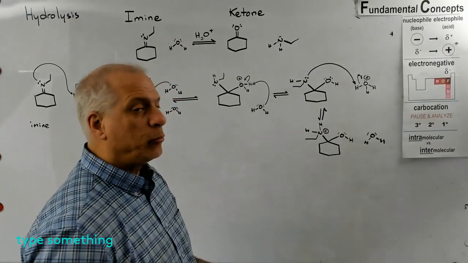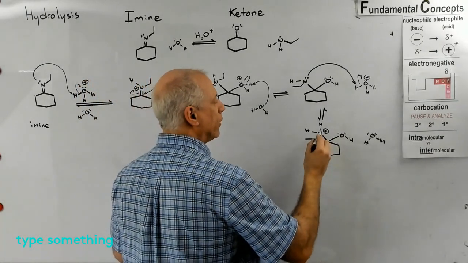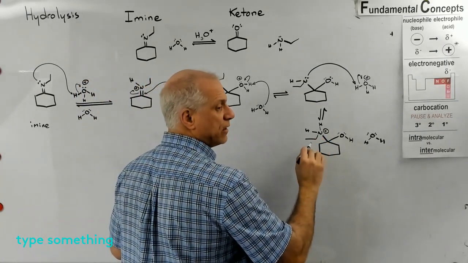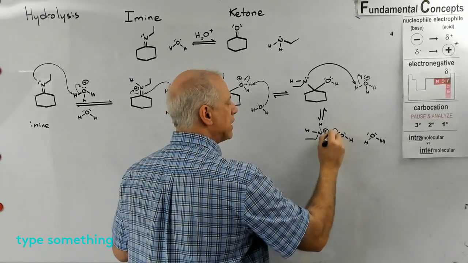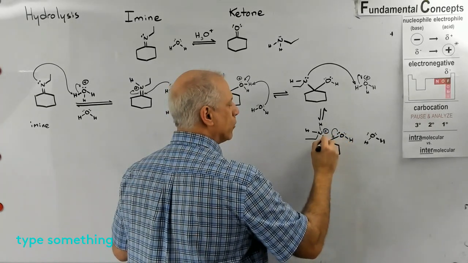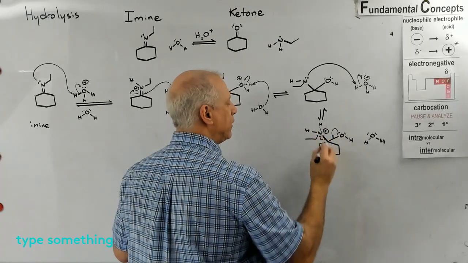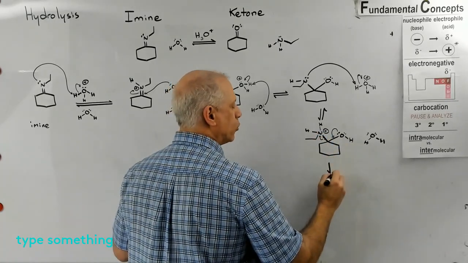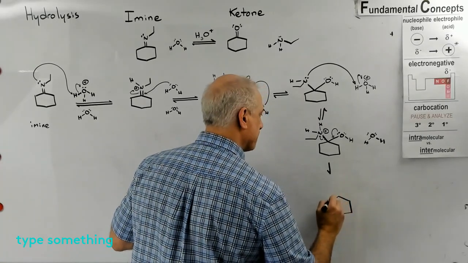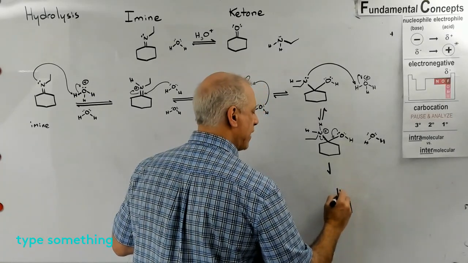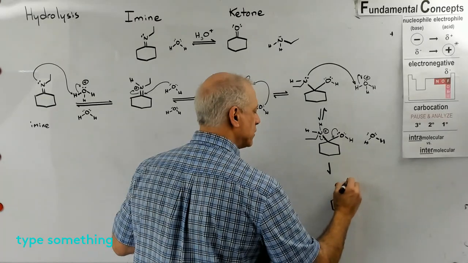But at this point, to move forward, this nitrogen's positive, so that's a decent leaving group. This oxygen over here has a lone pair of electrons that can swing down, push these electrons up to there. I'm going to go down one more step, and now you can see the ketone is kind of on its way.